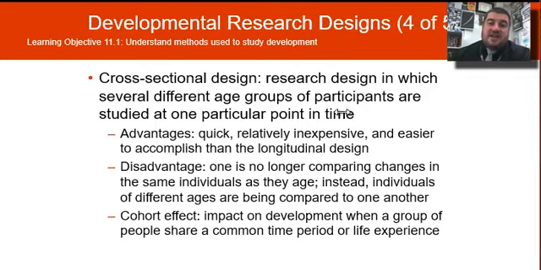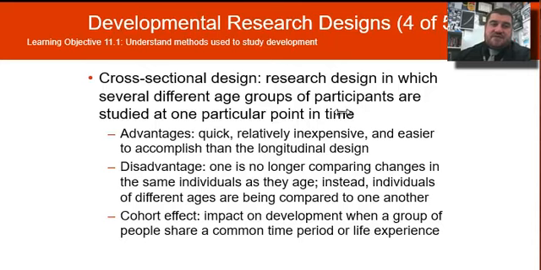And then also we have what is called the cohort effect on a cross-sectional design. The cohort effect is when the group of people have grown up during a common time period and shared life experiences. And that could affect their change as well.